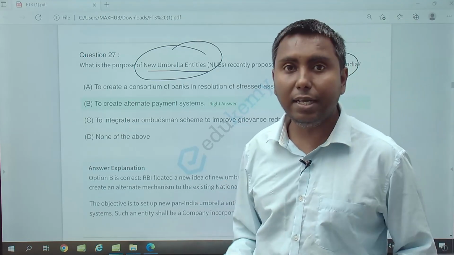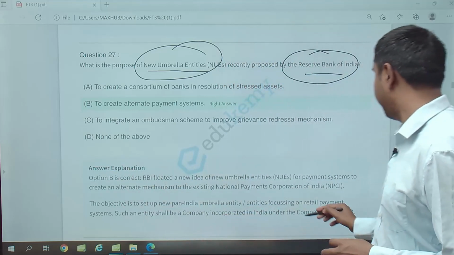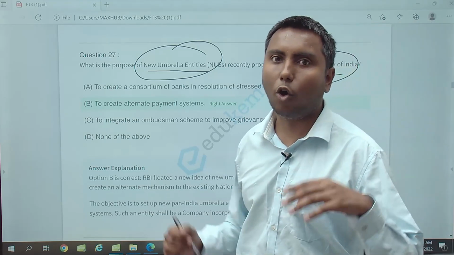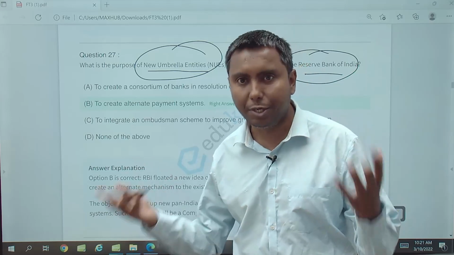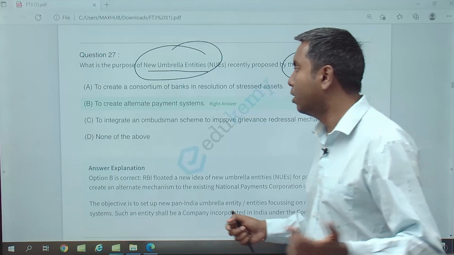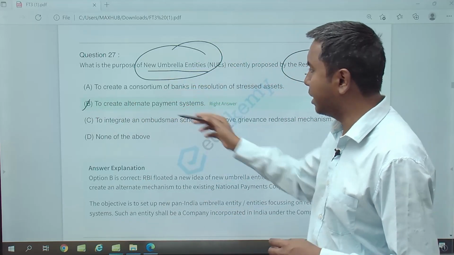Okay, because currently the only retail digital payment system is of NPCI. Okay, National Payments Corporation of India is the only player, the only umbrella entity in the digital payment ecosystem, and that means it does not have any competition. And if you do not have any competition, then it will not have much incentive to improve. That's why this. But the name does not say much.